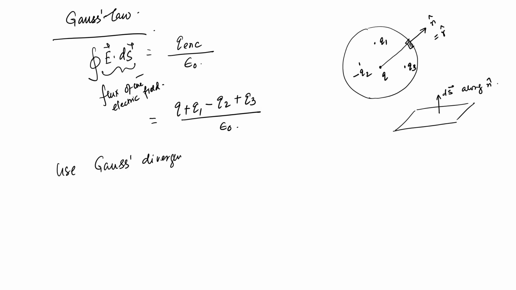It is elementary vector calculus, you can look it up. It says that for any arbitrary vector A, which is a good vector, which means that it has all the properties of a vector and so on, the closed surface integral of A dot dS is equal to the volume integral of the divergence of A dV.